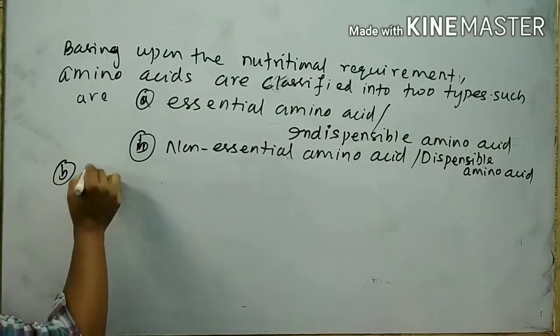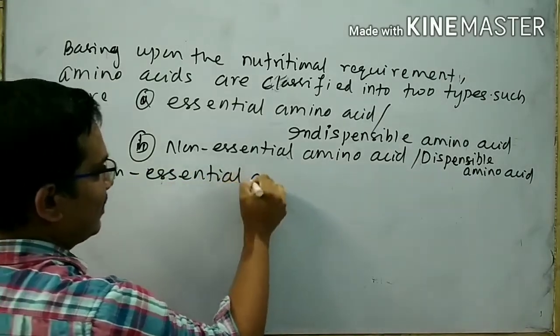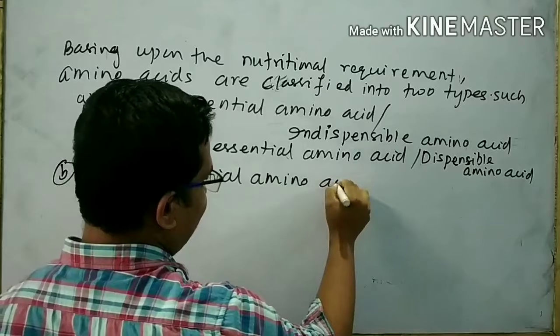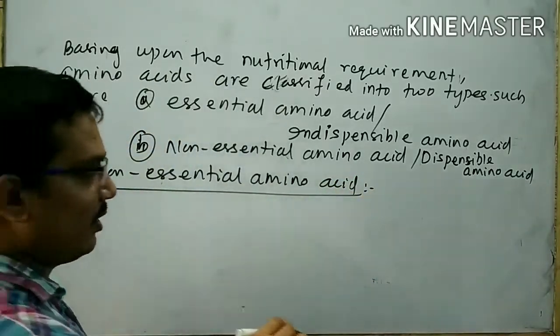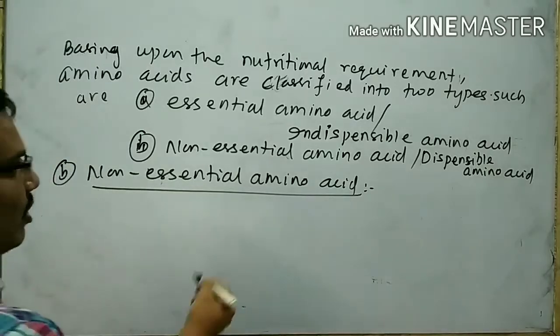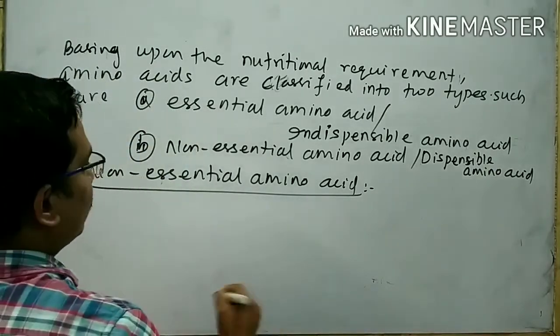Next, I will discuss the non-essential amino acid. This type of amino acid is synthesized in our body, so it is not necessary to supply this type of amino acid to our body through diet.